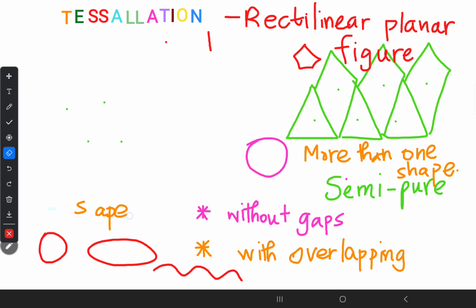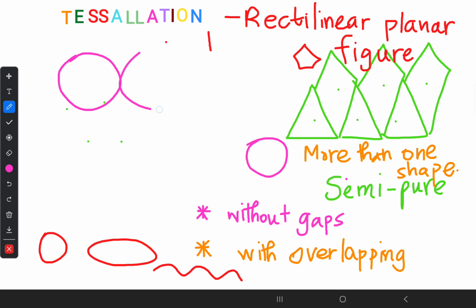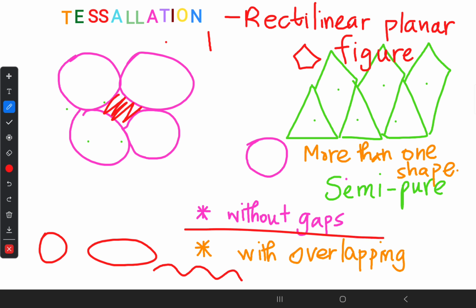When you draw a circle here, definitely there should be a gap or else there has to be an overlap. Here there is a circle, there is a circle, there is a circle, there is a circle. Definitely we can see there is a gap here. But in the tessellation, there should not be any gaps. So that is not coming under tessellation. So that's why we are using rectilinear planar figures only.